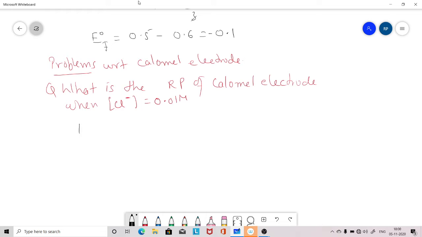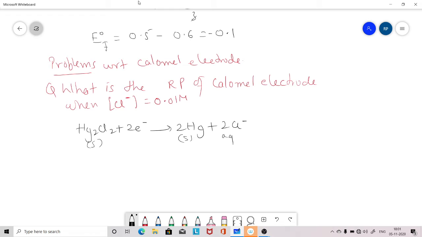We have seen this is the reduction: Hg2Cl2 plus 2 electrons to give 2 Hg plus 2 chloride ions. This is our normal reaction of reduction of calomel. This is solid, and this is aqueous.